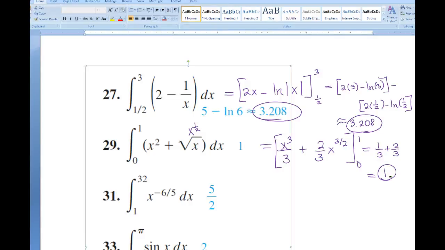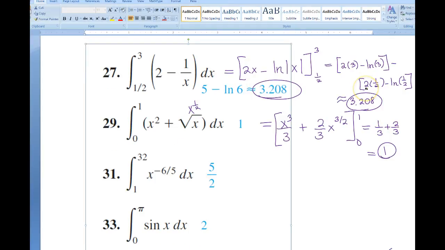But then I have to divide by that new power. And dividing by 3/2 is the same thing as multiplying by the reciprocal. And when you plug in zeros, this just becomes 0. So it's always the top one minus the bottom one? Yep. Minus 0 doesn't matter.